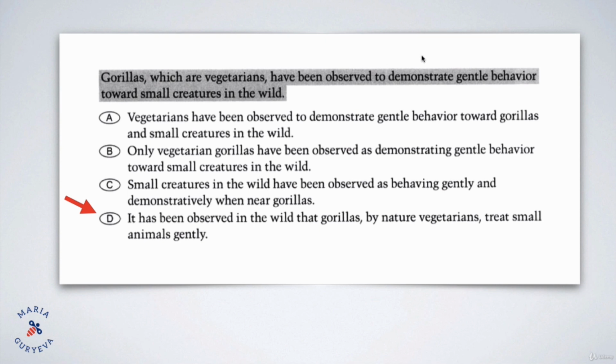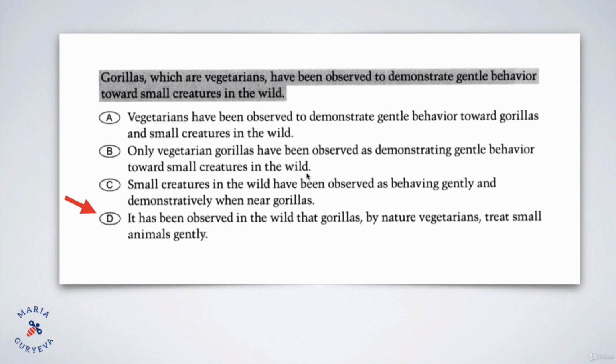So let's read the other answer choices. Vegetarians have been observed to demonstrate gentle behaviors towards gorillas and small creatures in the wild. You see why it's funny? Vegetarian people are pretty nice when they encounter gorillas, and then they encounter small animals in the wild. So this sentence talks about people. B, only vegetarian gorillas have been observed as demonstrating gentle behavior towards small creatures in the wild.